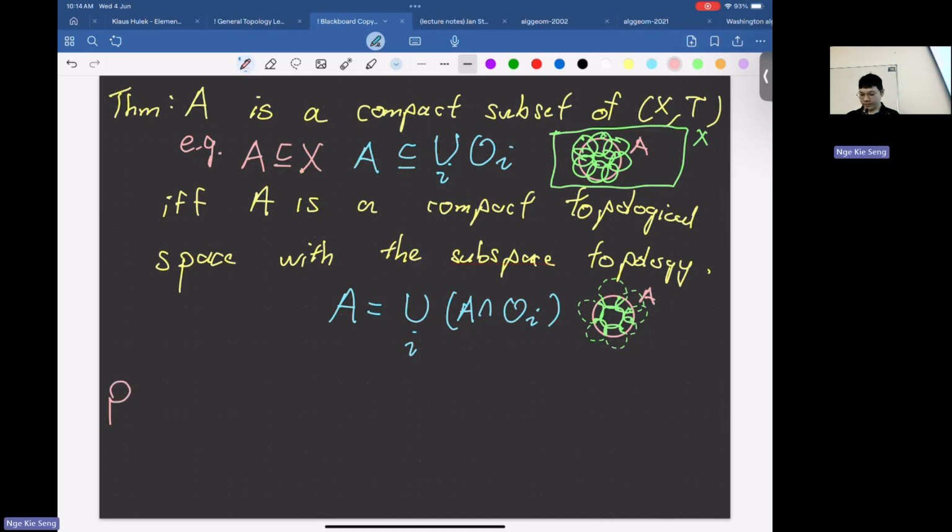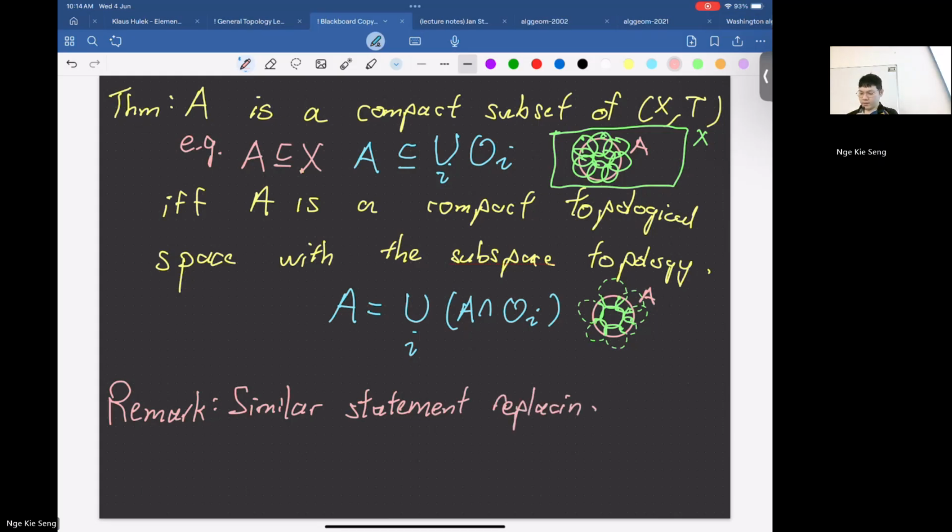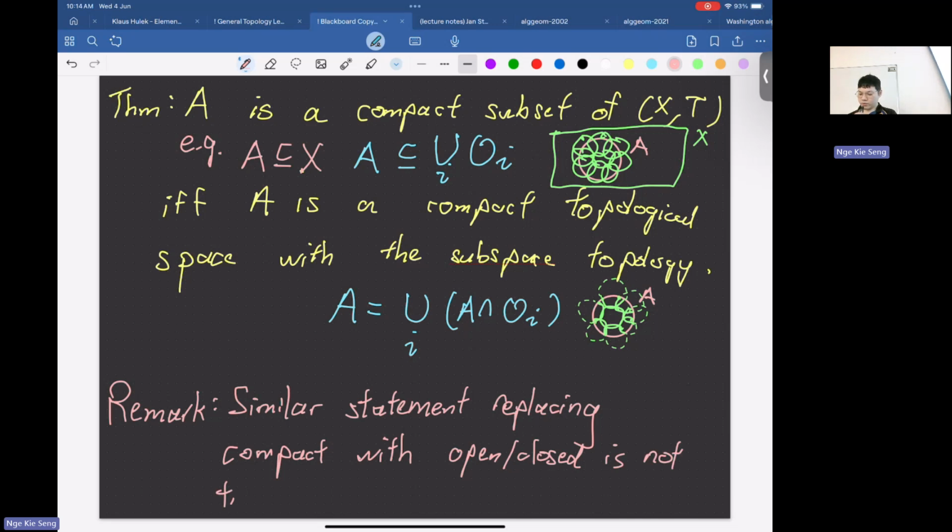So let me make a remark here. A similar statement, replacing compact with open or closed, is not true.